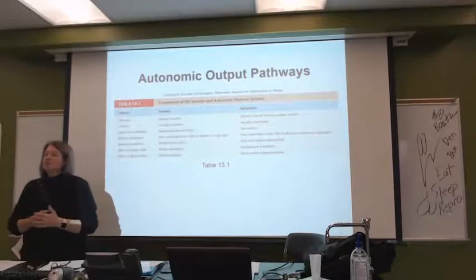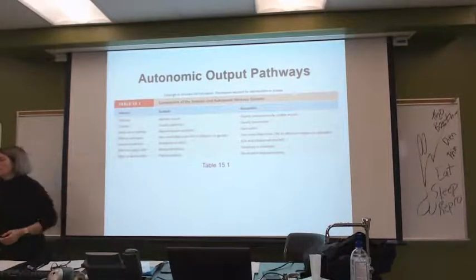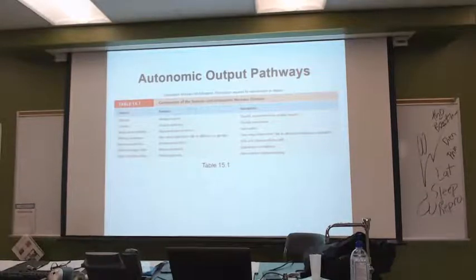The reason they're doing this, in the somatic system, meaning it goes from that area to a skeletal muscle, do you happen to remember what the neurotransmitter was that got released in the synapse from the nerve meeting a muscle? Do you remember what the neurotransmitter was? Acetylcholine. It was acetylcholine, the ACH.